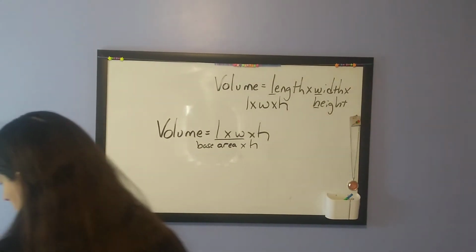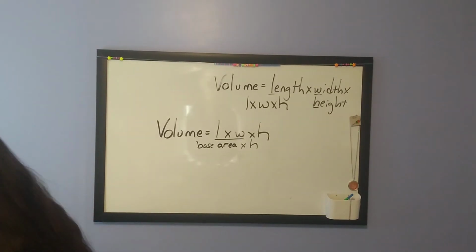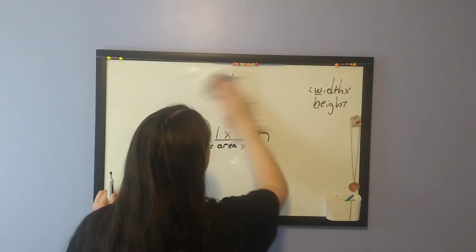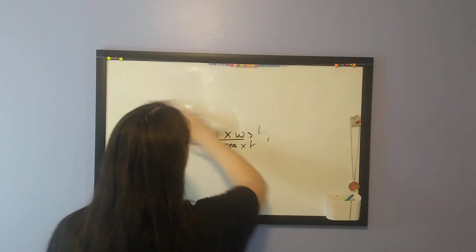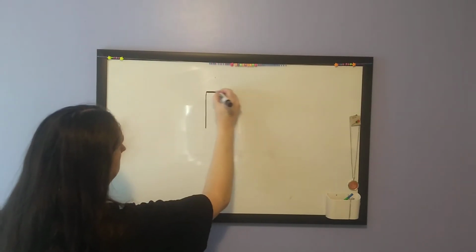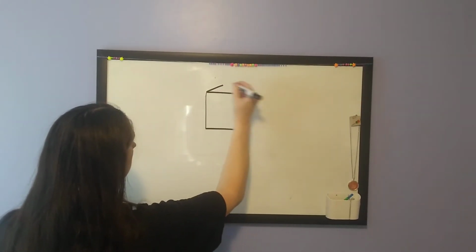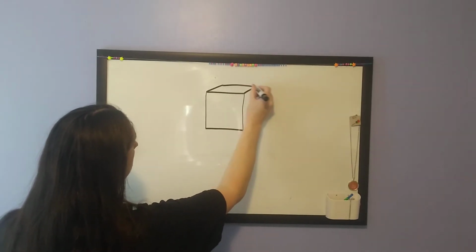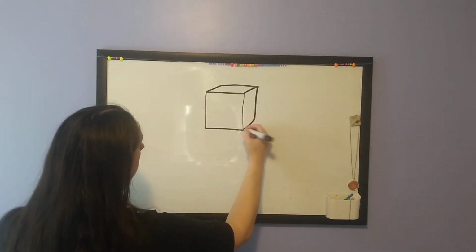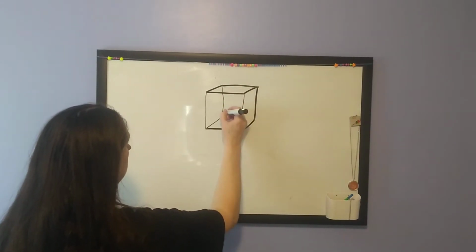Okay? So if we have a shape, let me get rid of all this. Let's say we have a shape. I'll show you the inside of the box too.